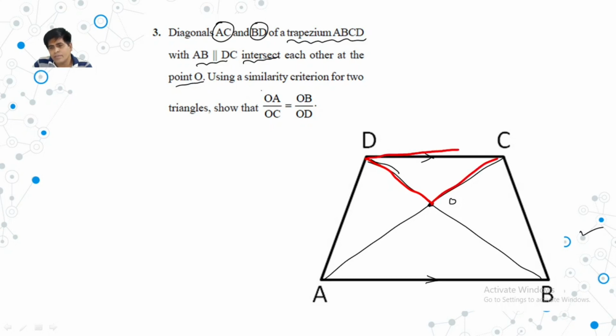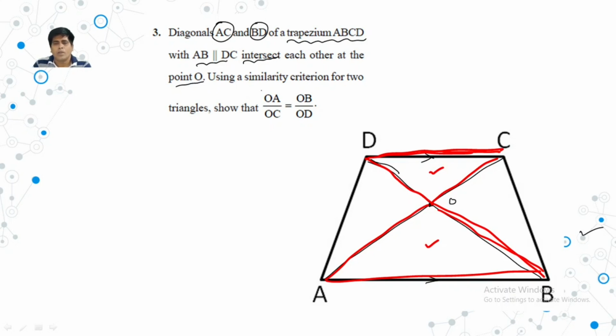This is triangle DOC. I will choose triangle DOC as well as triangle AOB. These two triangles I am choosing: the smaller triangle and this triangle.